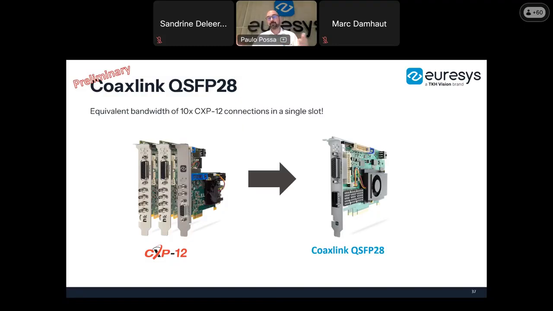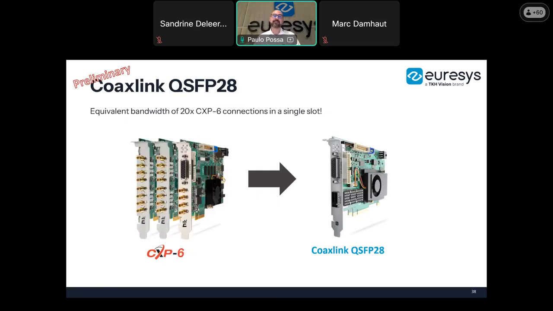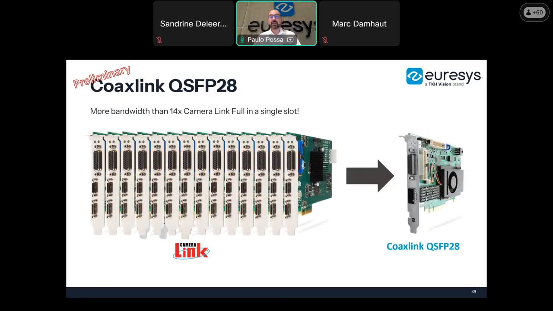Just for comparison, it supports the same bandwidth as 10 6P12 connections, 20 6P6 connections, and more than 14 Camera Link Full boards in a single PCI Express slot.